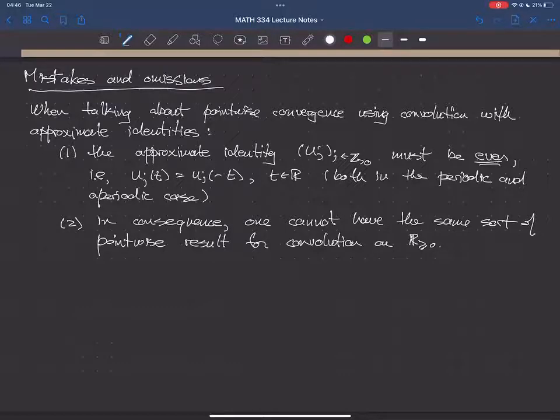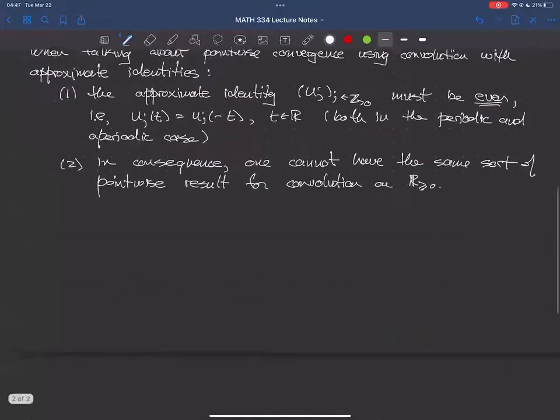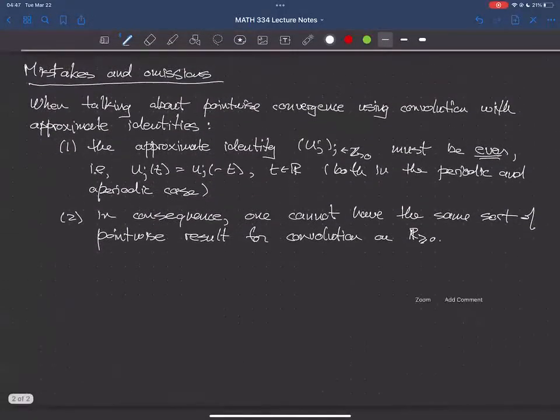Omissions. So I waffled about this, and then afterwards I realized that I should really have written this thing down. The periodic Dirichlet kernel came up when I talked about the Fejér kernel. Again, I'm not going to write down all of the background here because I did that last time.